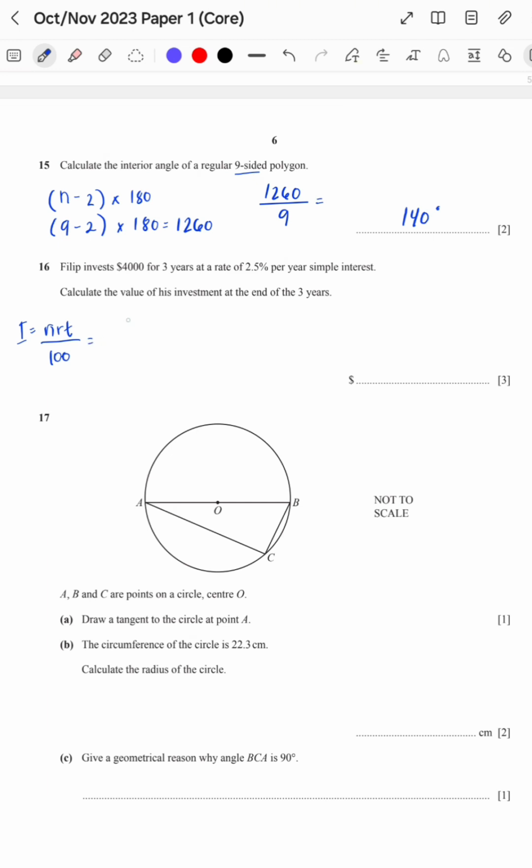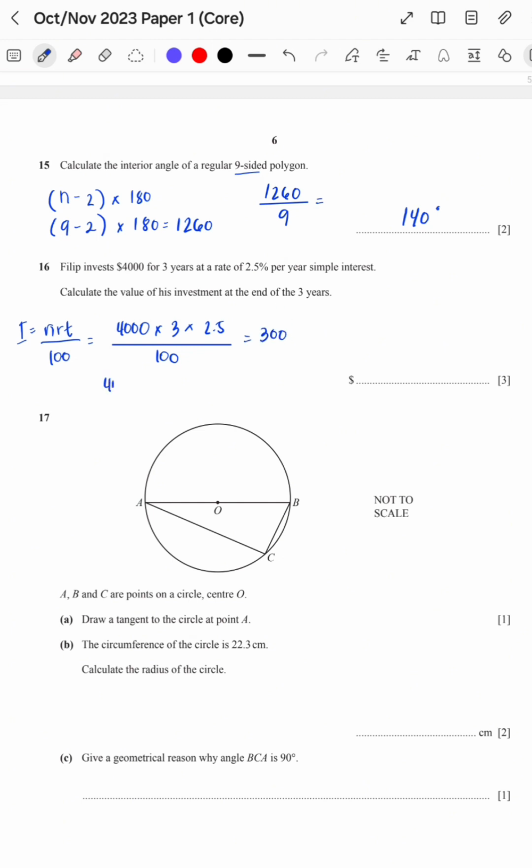So this is 4,000 times 3 times 2.5 all over 100. This is equal to $300.